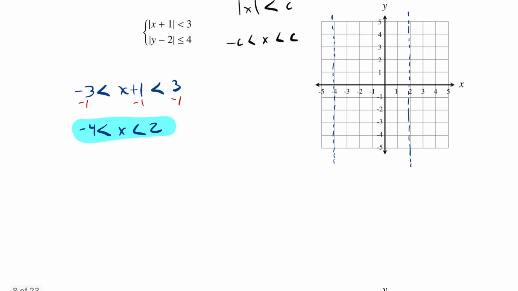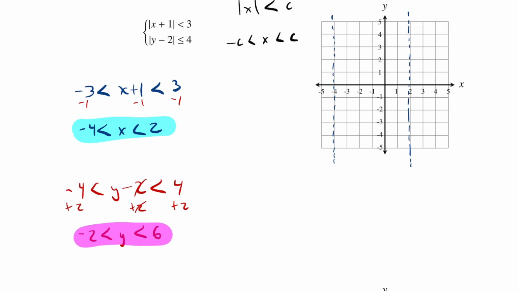So if you rewrite this in terms of its definition, you would get negative 4 on the left, y minus 2 in the middle, positive 4. Add 2 to solve for y, and you end up with this inequality. Those are horizontal lines. So we have two horizontal lines, one at negative 2 and one at 6.